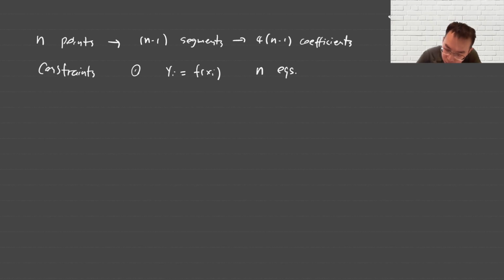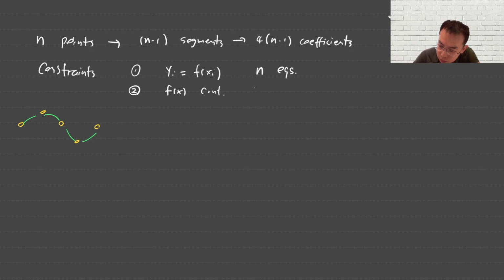And then the second set of things is that we want f of x to be continuous. That means at each of the breaking points in between, the function from the left and right need to be equal. When we have n points, there are n minus 2 points in between.